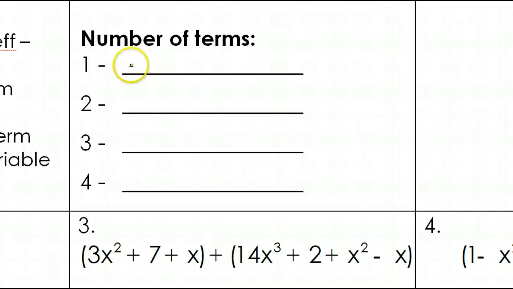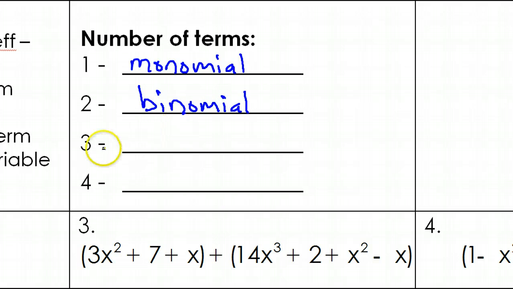If there's just one term, it's a monomial. If there are 2 terms, it is a binomial. And if there are 3 terms, it is called a trinomial. All right, 4 and higher, we just have to go with polynomial.